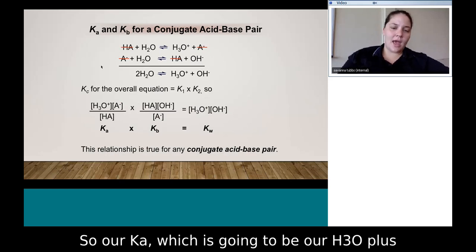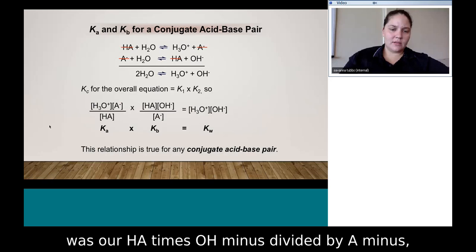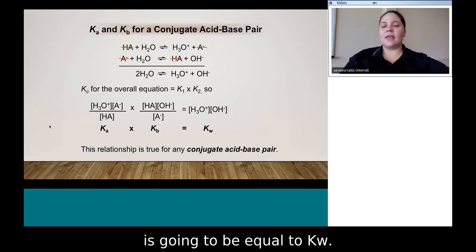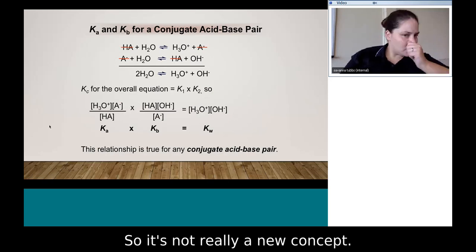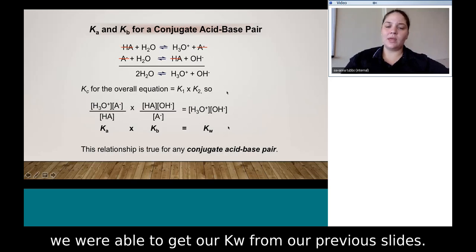So our Ka, which is going to be our H3O+ times our A- over HA, times our Kb, which was our HA times OH- divided by A-, is going to be equal to Kw. So it's not really a new concept, it's just making you understand how we were able to get our Kw from our previous slides.